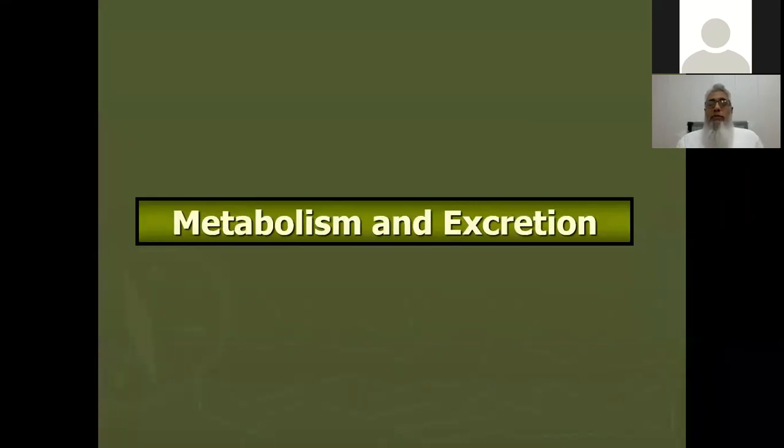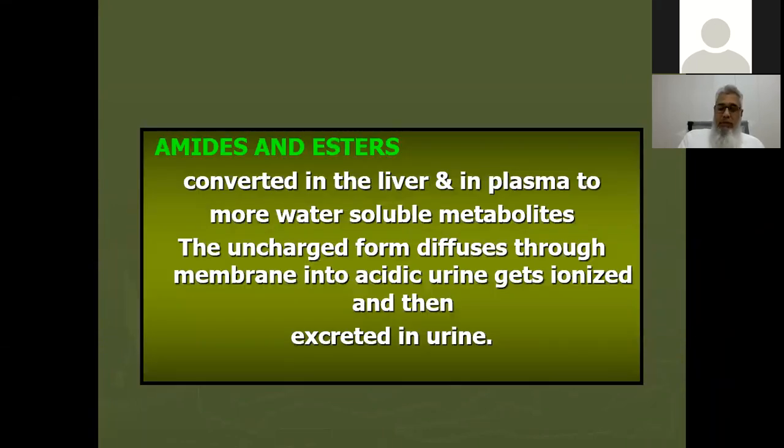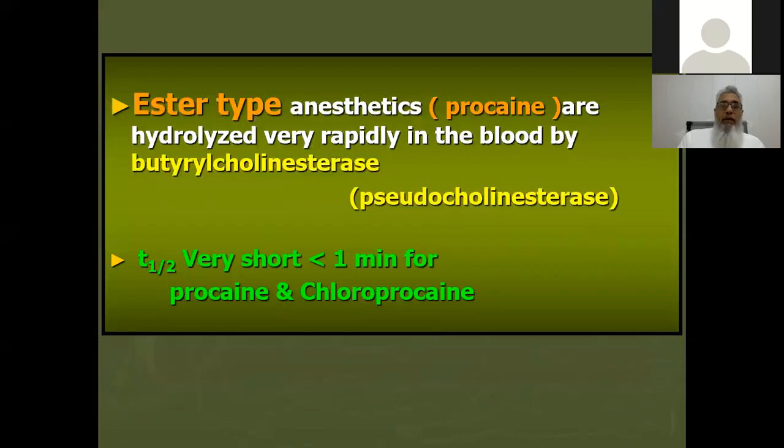The metabolism and excretion of local anesthetics is important, and it could be asked in SCQ or MCQ. The metabolism of esters and amides is different. The ester type anesthetics are hydrolyzed by plasma cholinesterases, known as pseudocholinesterase.